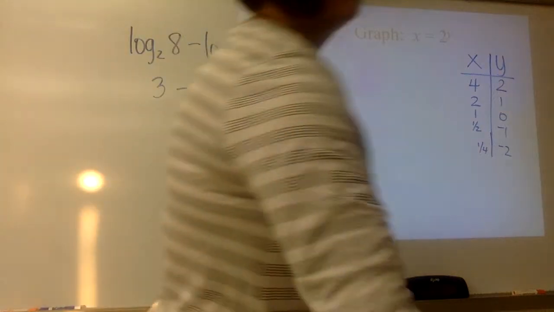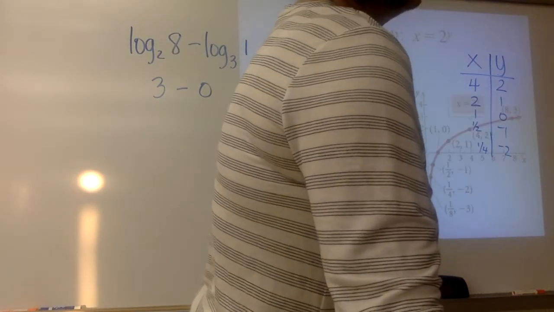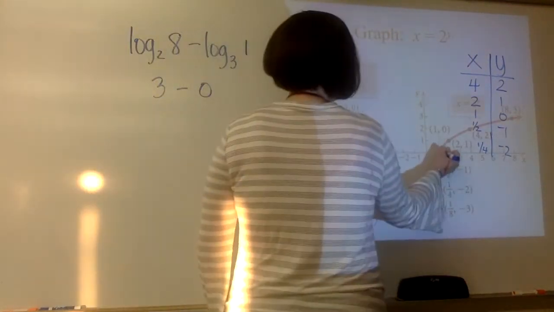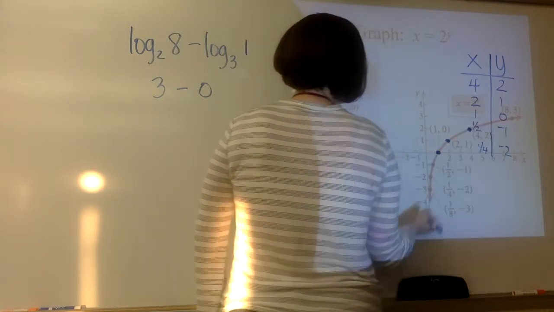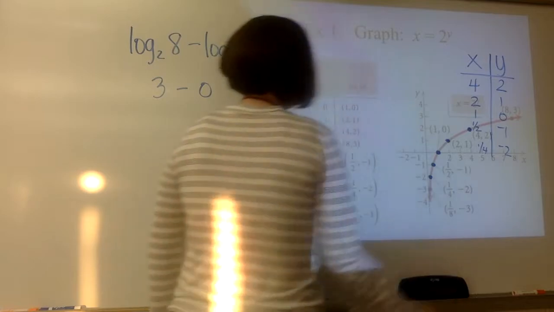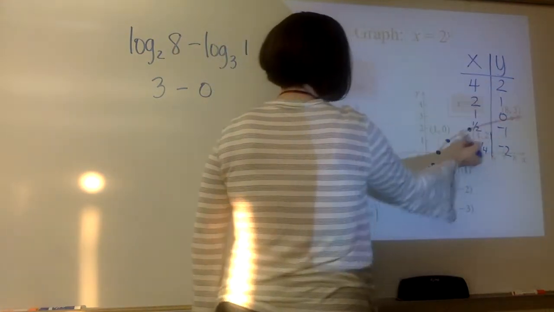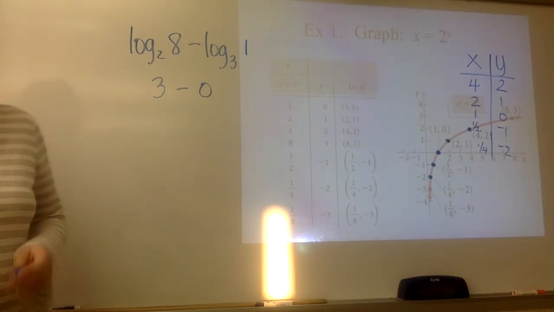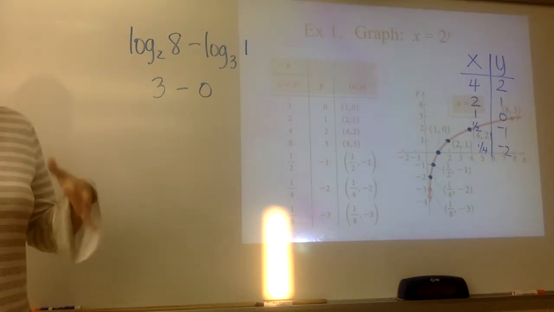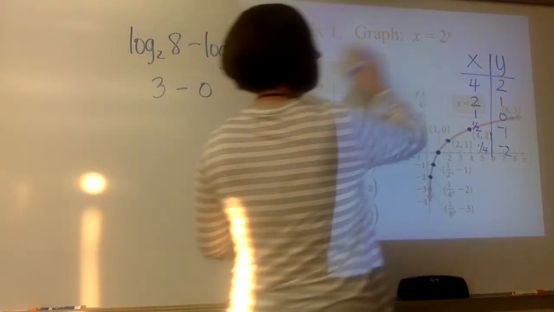Okay, so I made a formal table here, and I plotted them. Notice here are these points: (1, 0), (2, 1), (4, 2), (1 half, negative 1), (1 quarter, negative 2). So what I have here in this table, I just plotted with blue dots. Here's what I want you to recognize when I look at this.